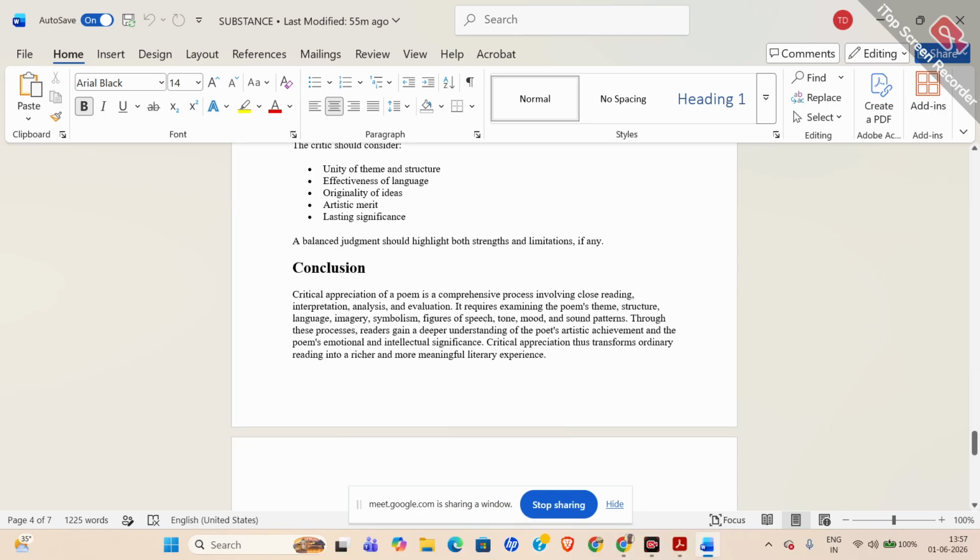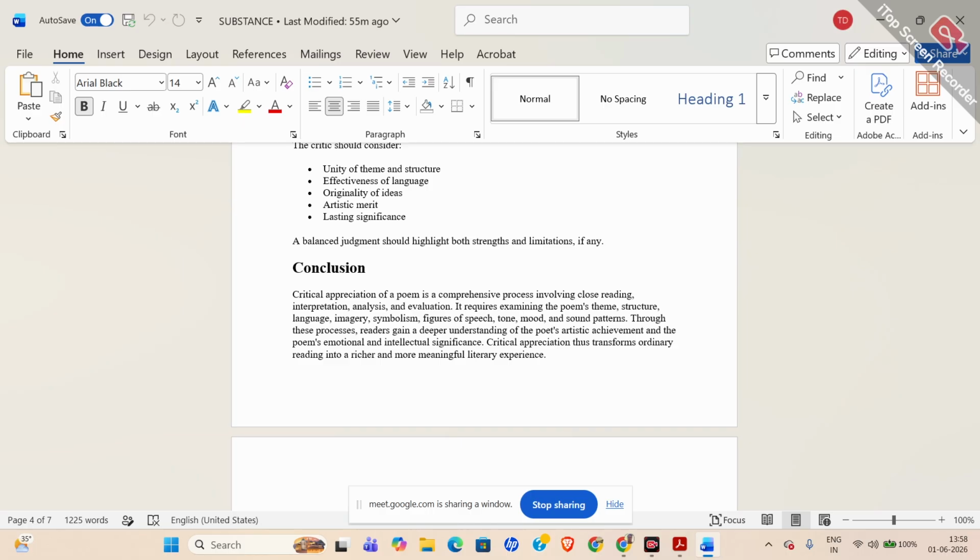Now let us come to the end of this critical appreciation কিভাবে লিখতে হবে। So critical appreciation of a poem is a comprehensive, all-round process involving close reading, interpretation, analysis, and evaluation. It requires examining the poem's theme, structure, language, imagery, symbolism, figures of speech, tone, mood, and sound patterns.